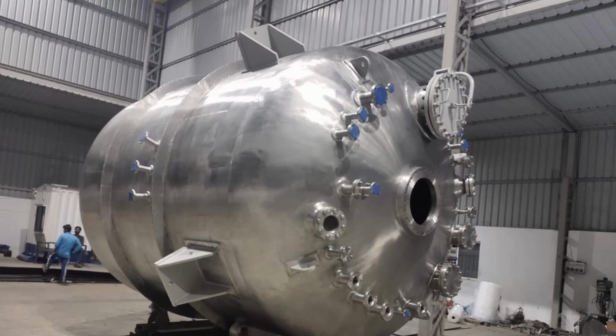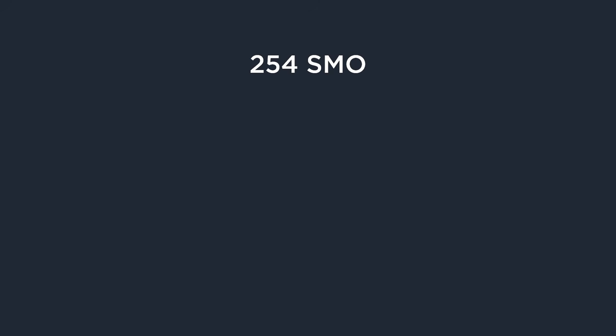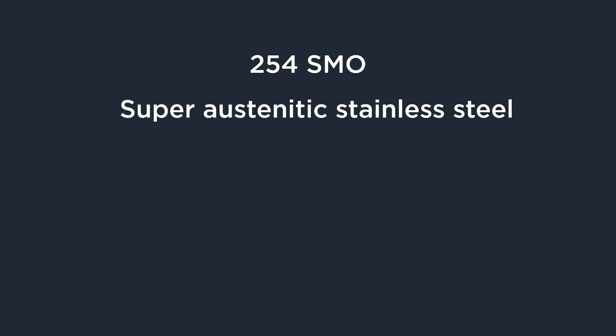Now, the duplex stainless steels are excellent in corrosion resistance, but they are not the best. There is a grade even beyond the duplex stainless steel for maximum corrosion resistance. This is called 254 SMO, the super austenitic stainless steel.